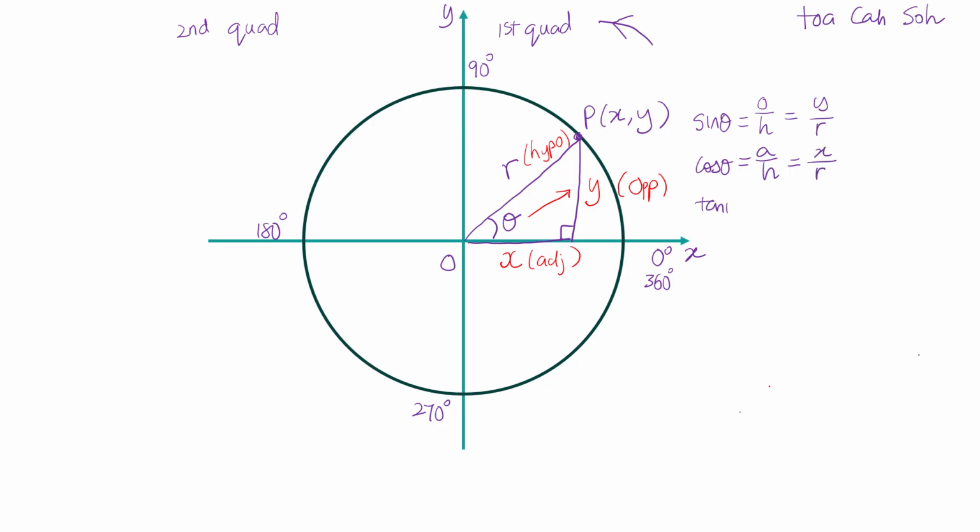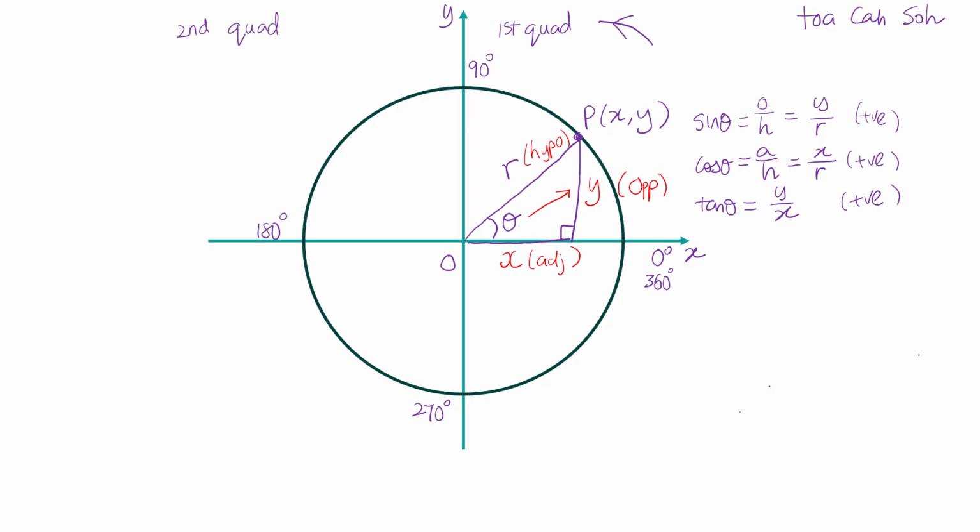And tangent theta, it's opposite over adjacent, which is just y over x. So observe that all these ratios are positive values. So for an angle in the first quadrant, you will get a positive value. For example, sine 35, cos 35, tangent 35 will give you a positive value.